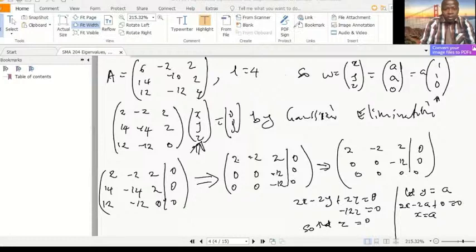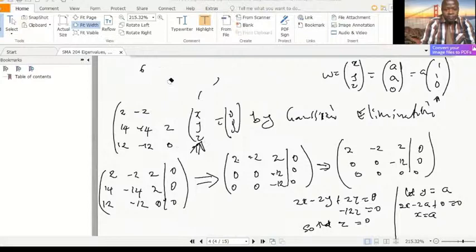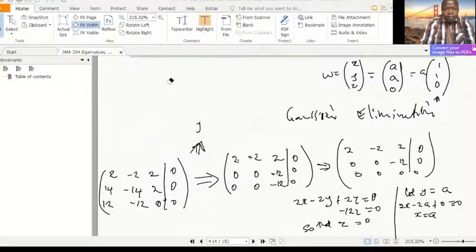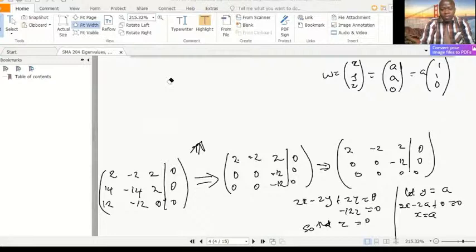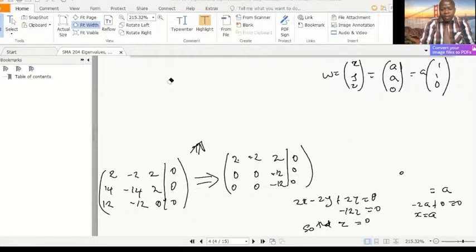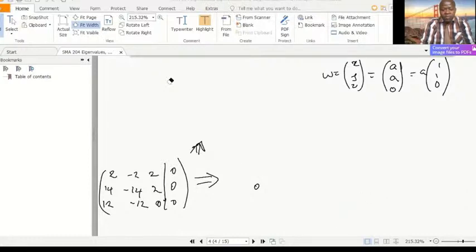So let me just create some space so I can continue doing my work here. In fact, remember that I've found that when lambda is 4, we had the two eigenvalues, each 4. Lambda 1 was 4, lambda 2 was 4.